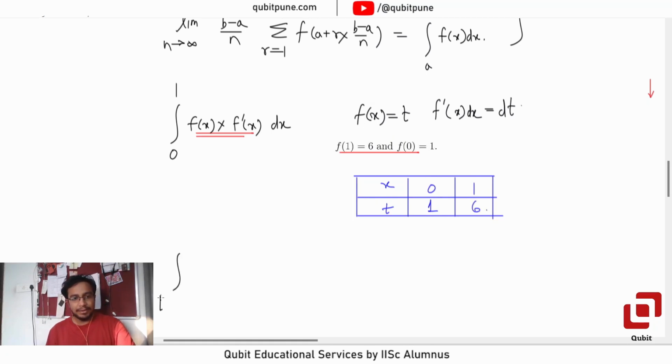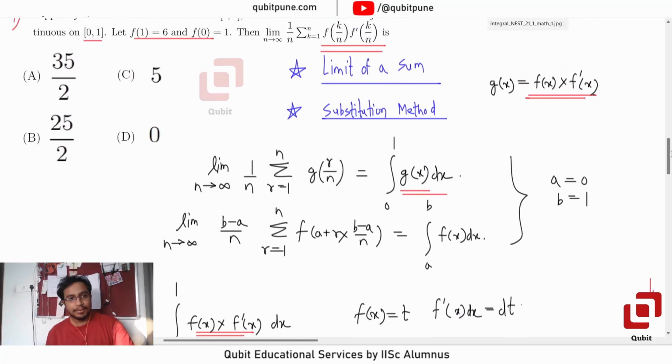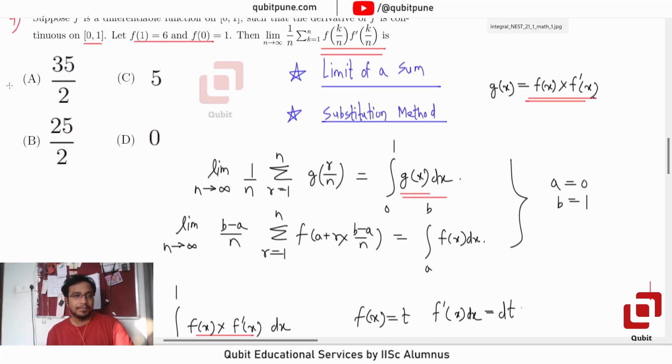So we'll have t going from 1 to 6. f(x) is t, f'(x) dx is dt, t squared by 2, lower limit 1, upper limit 6, 36 by 2 minus 1 upon 2, 35 by 2. Option A.